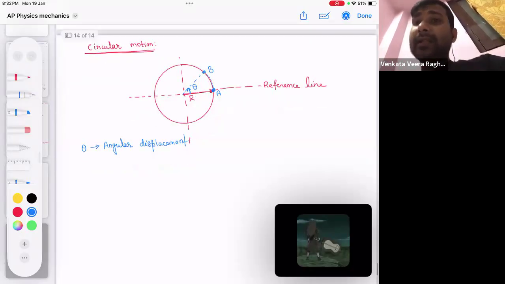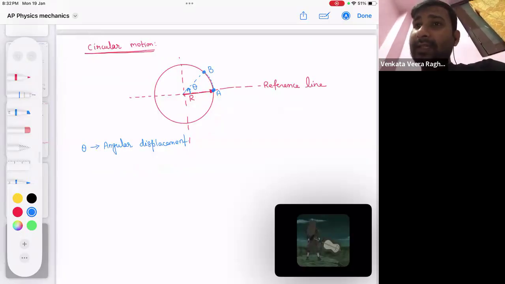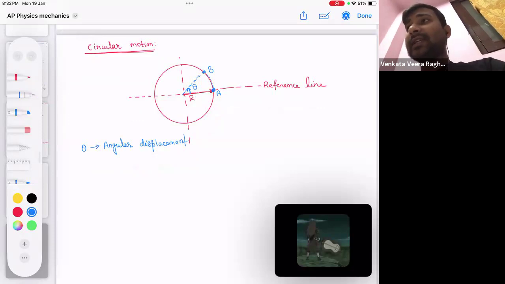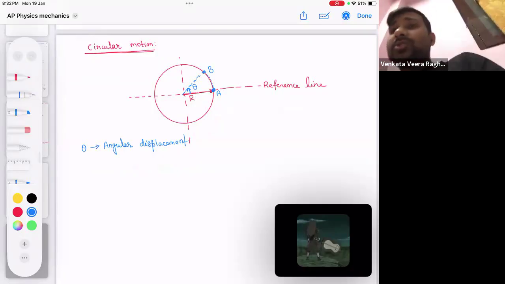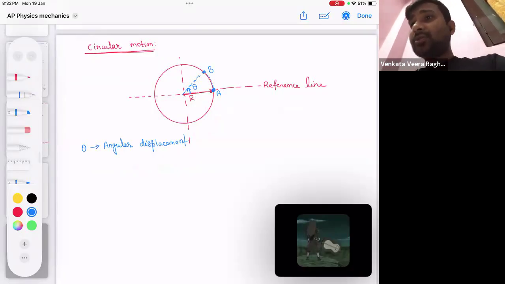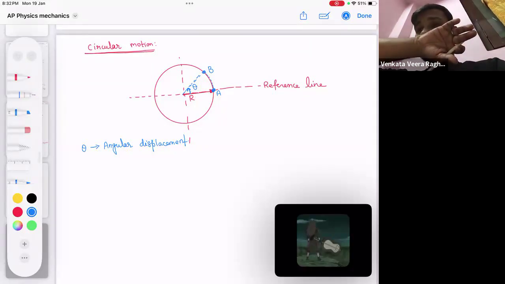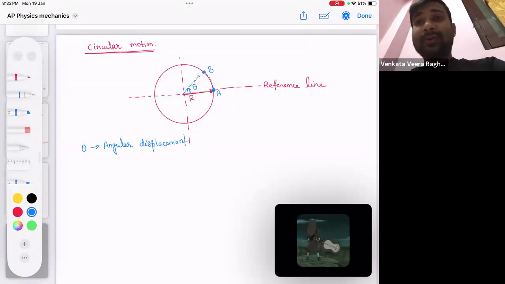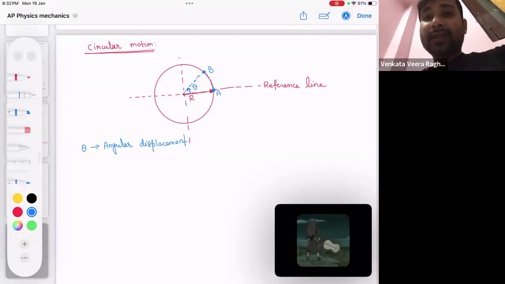Now, the next thing. If the particle has already covered this theta angle, it must have taken some time to cover it from A to B. So this angular displacement divided by the time taken to cover that angular displacement will be called the angular velocity. In the average term, we can write delta theta by delta t, the average angular velocity.